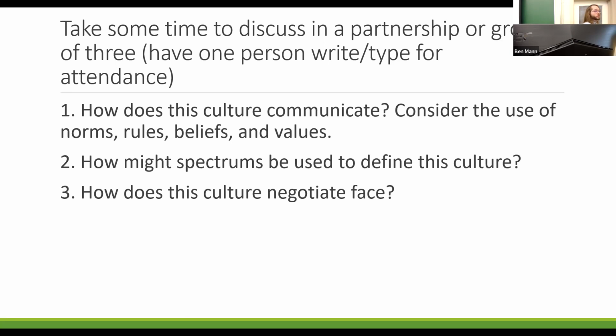So this article, The Body Ritual of the Nacirema, comes from a cultural scholar called Horace Miner. The article was written several decades ago as a way of responding to how we think about and understand culture.